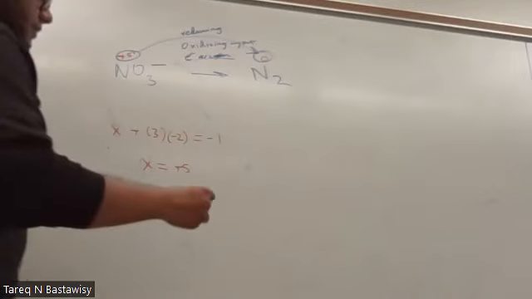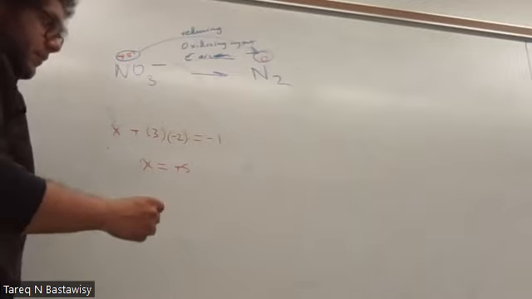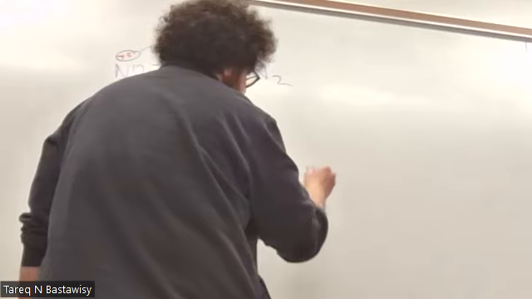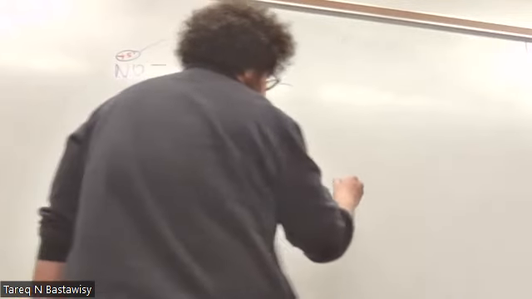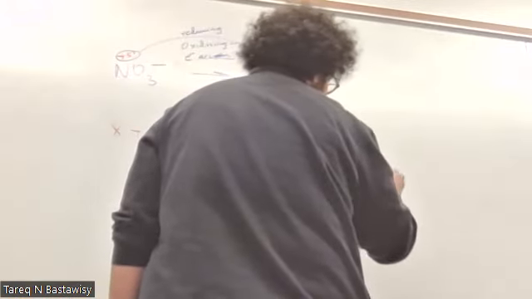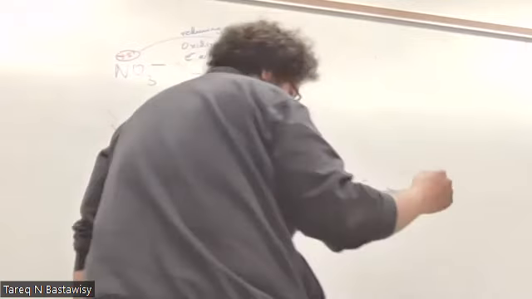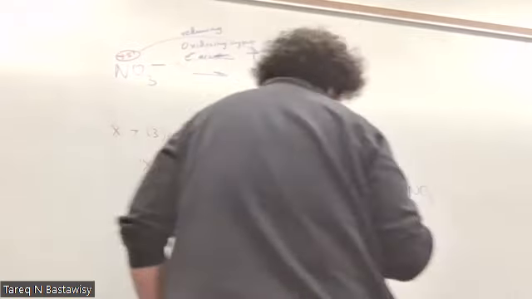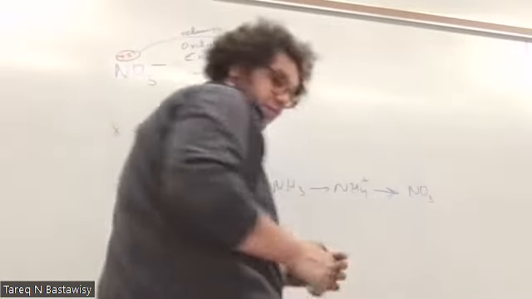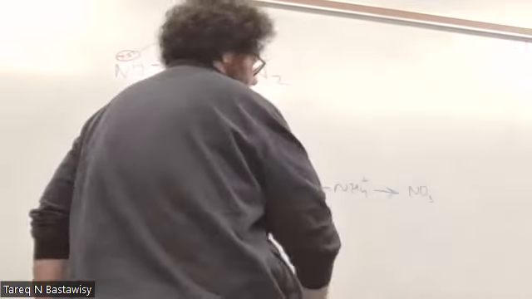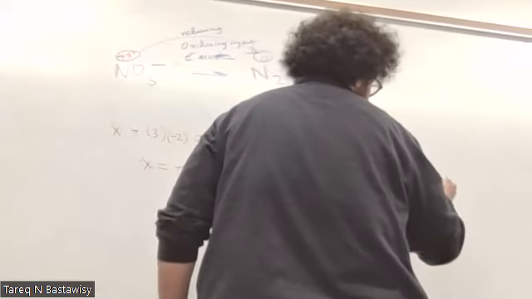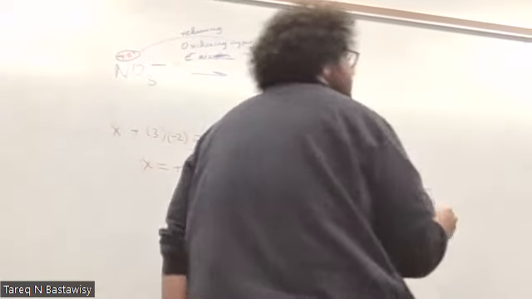What you're starting with is some sort of ammonia or ammonium. That changes to ammonia in the solution somehow, and then that goes into nitrate. Actually, it goes into nitrite first, and then to nitrate. What was the formula of nitrite?